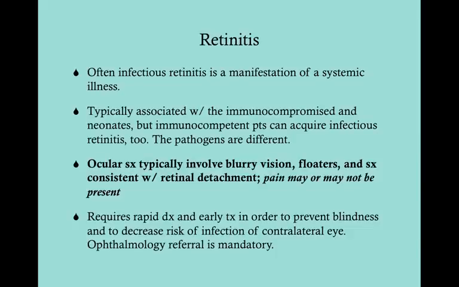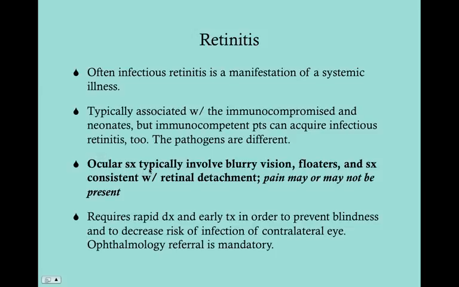Those generally don't cause symptoms in immunocompetent patients, certainly not retinitis. But then there are also pathogens that can cause retinitis in immunocompetent patients as well. So we will discuss those. And then neonates are associated with retinitis because of those congenital illnesses, those TORCH illnesses, toxoplasmosis, CMV, and syphilis. They're associated with this retinitis as well.